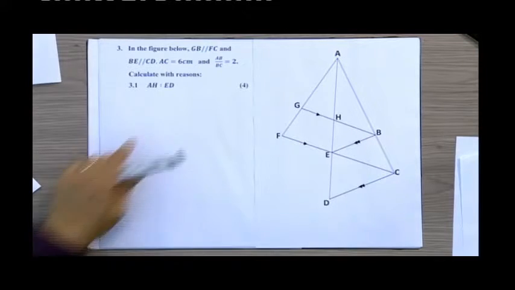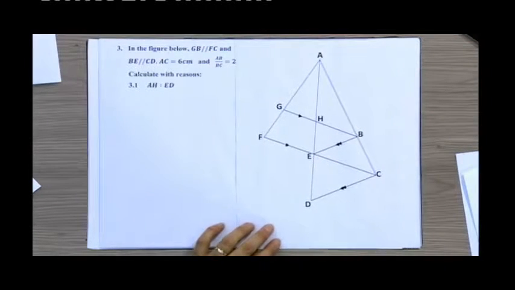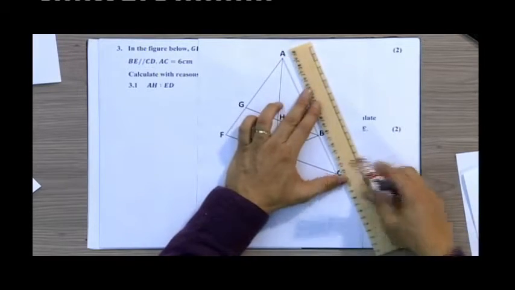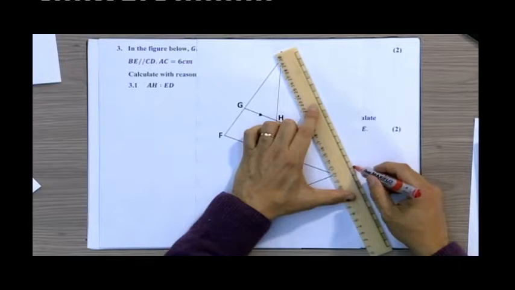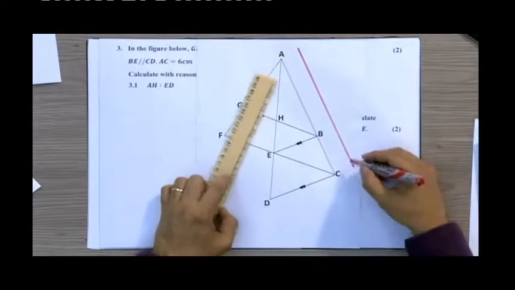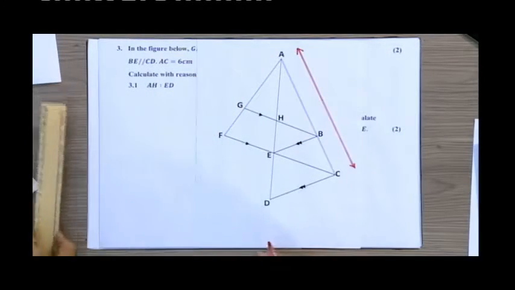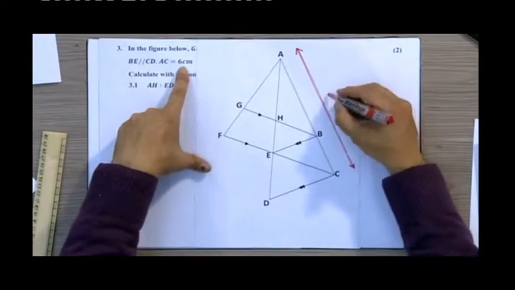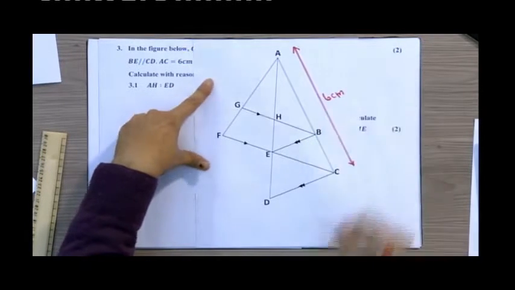It says there, AC is 6 centimeters. Now let's just take this quickly and I'll make it nice and clear for you. What is AC? It is this whole side there. That whole side AC. There they tell you that is equal to 6 centimeters.